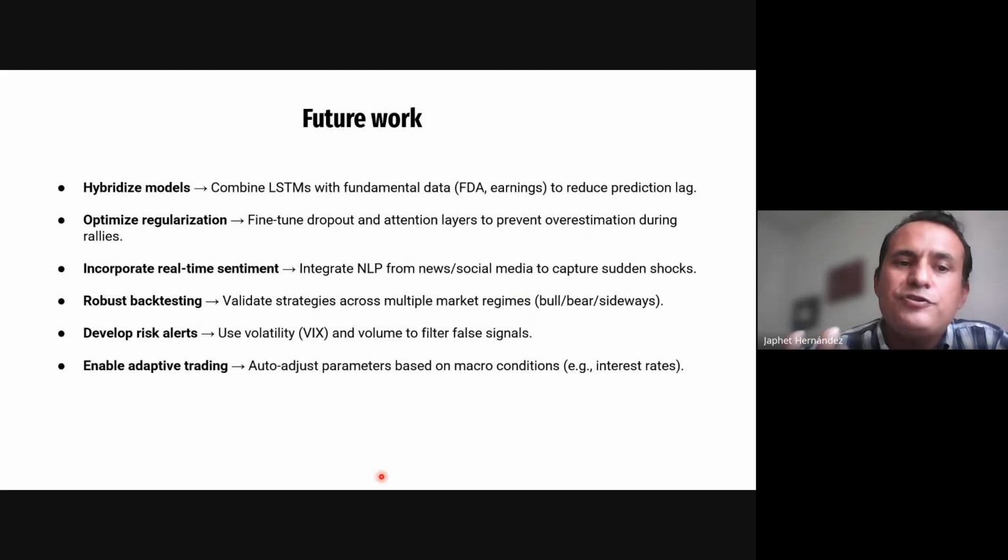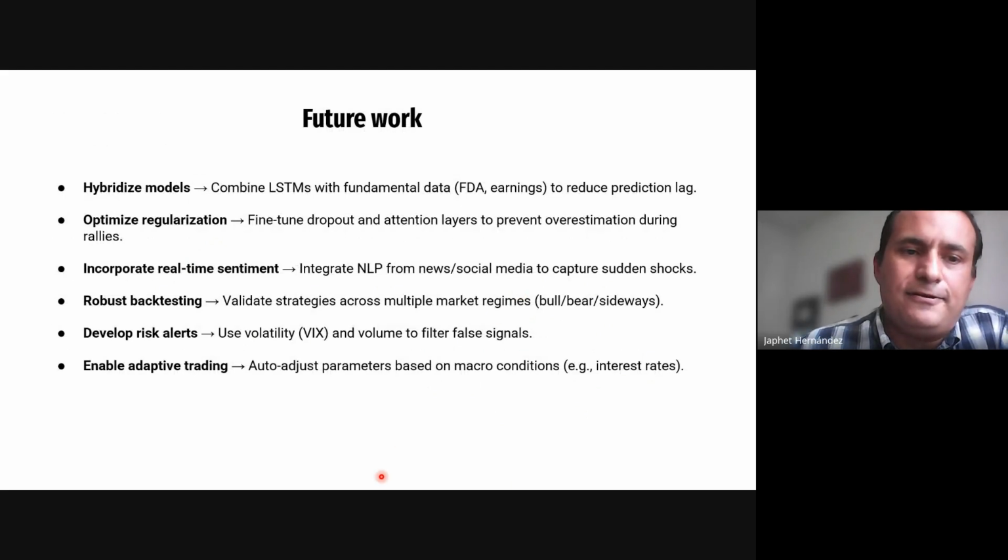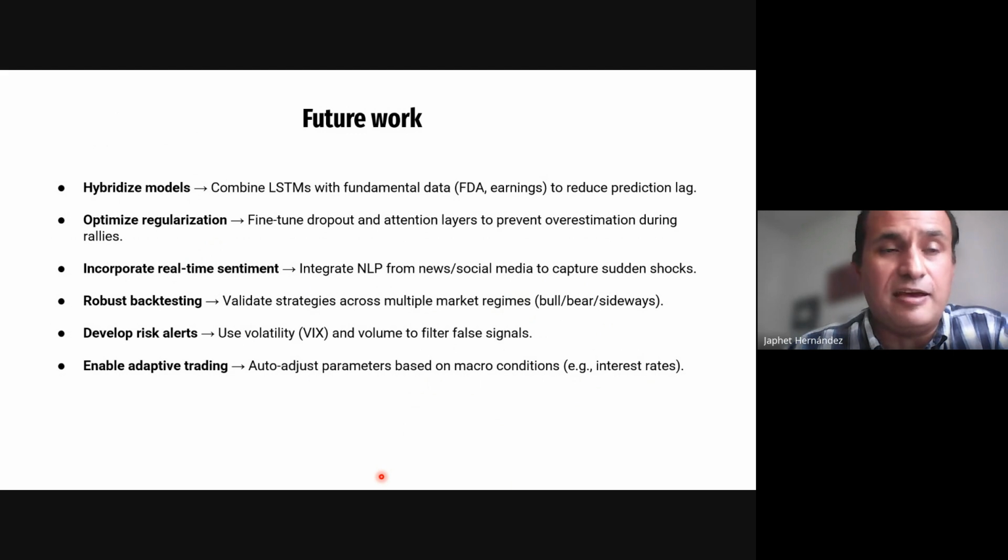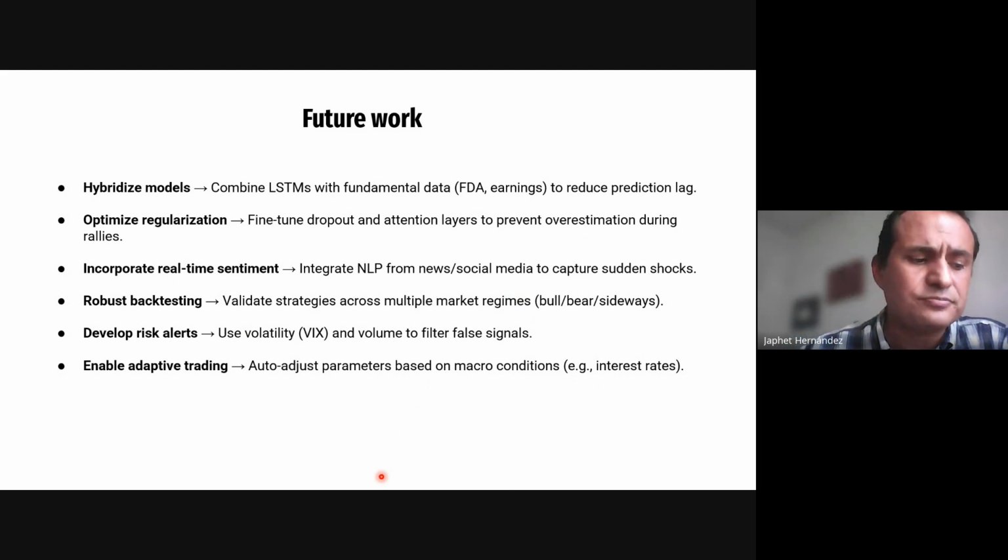So for future work, we can think of hybrid models that could combine long short-term memory with fundamental data, like the news about the FDA approvals, the earnings of the companies, to reduce prediction lag. We could fine tune some parameters like dropout and attention layers to prevent the overestimation.